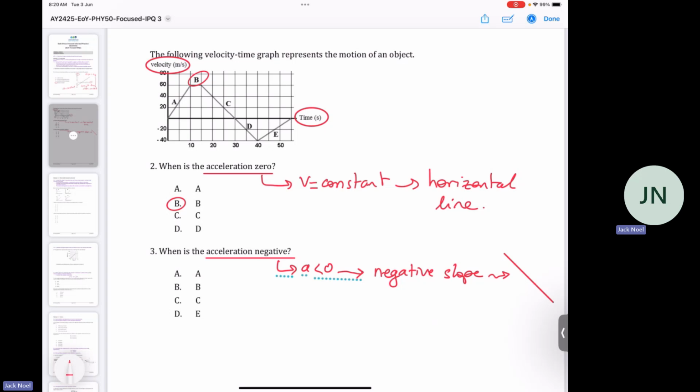It's sloping down, and sloping down shows you a negative acceleration. We have two of them actually, C and D. In both cases, acceleration is negative. But in our options, we only have C. So we pick C. Next question.